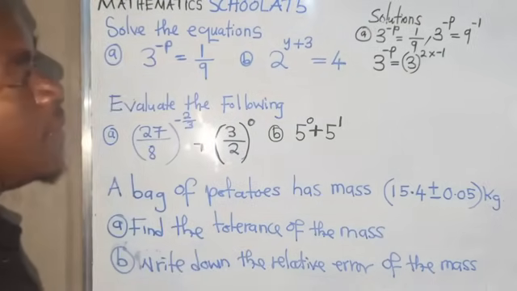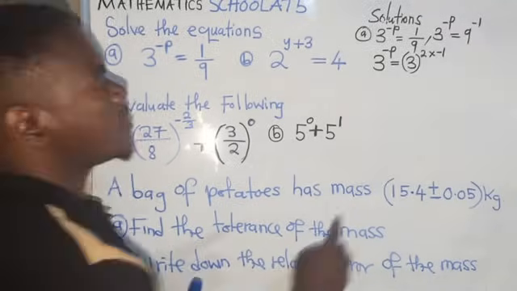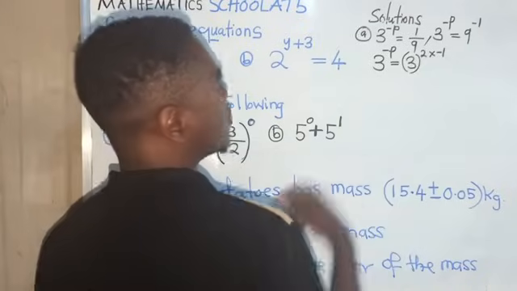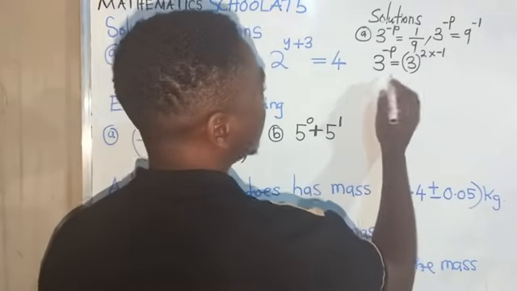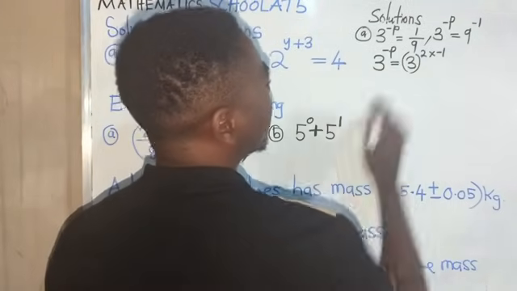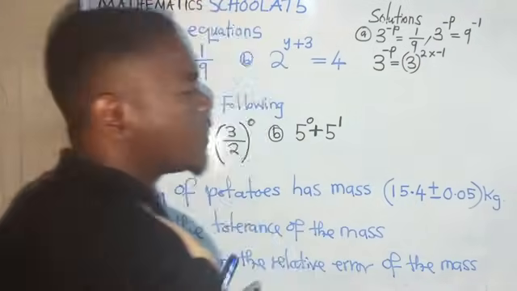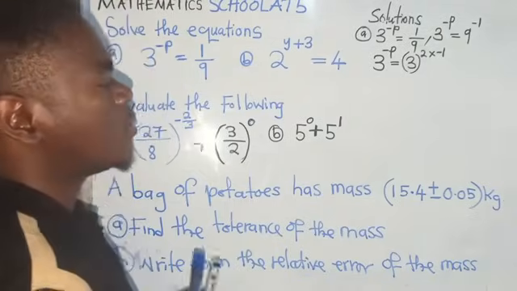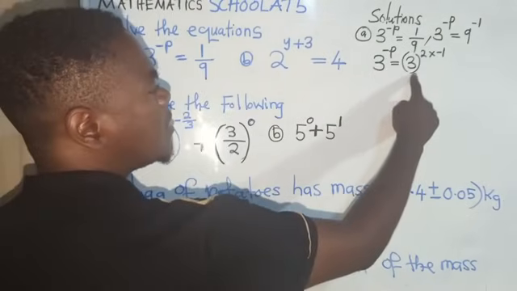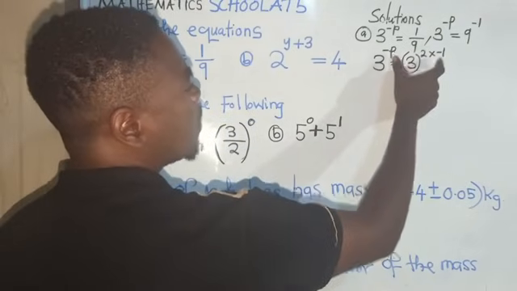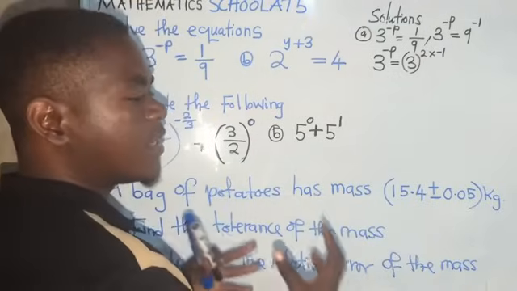There is already a negative 1 there, so I just need to multiply. Whenever you've got same bases, we just equate the powers. So we've got base 3, base 3. It is just the same as equating the powers for us to get the answer.